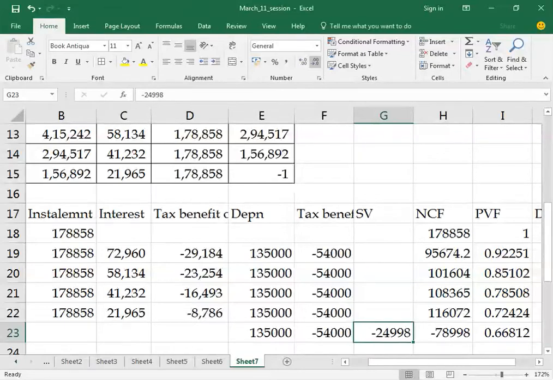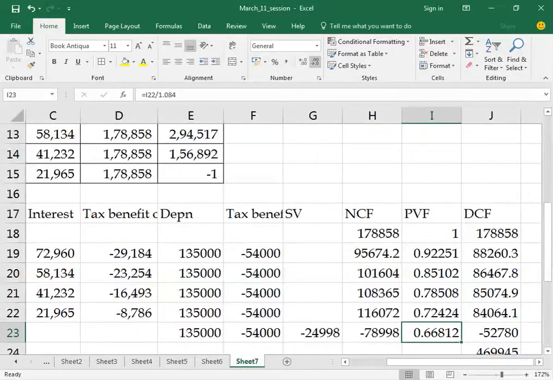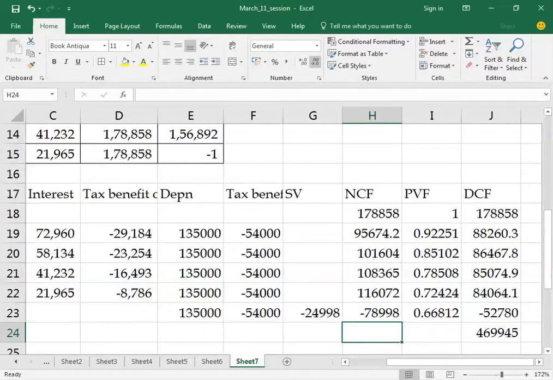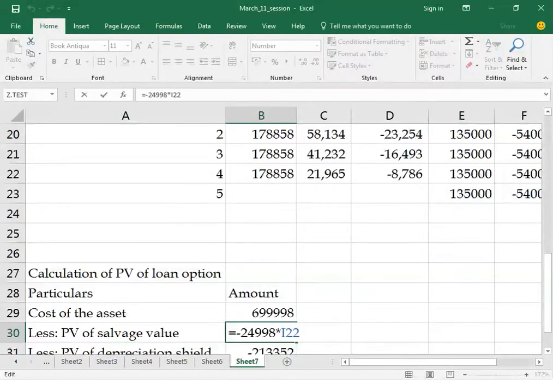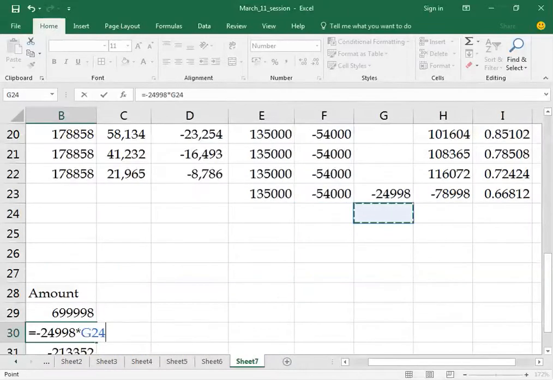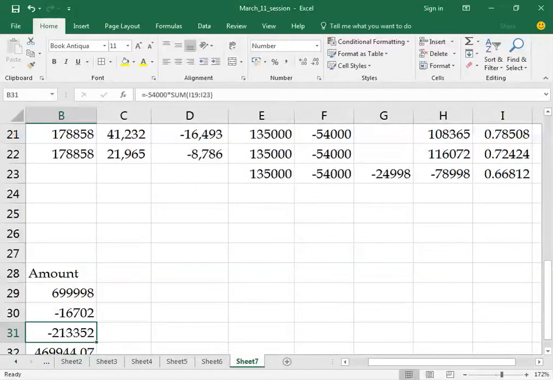No, that is right, no? 6,681 only you should take. You took 724. No, I didn't understand. The present value, salvage value. You took 0.724. This one.